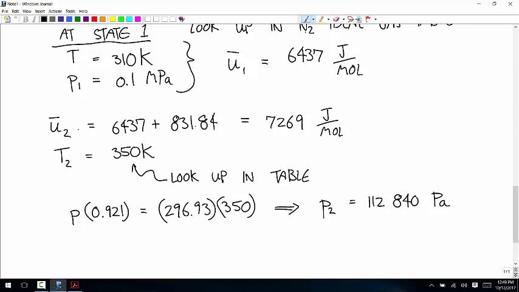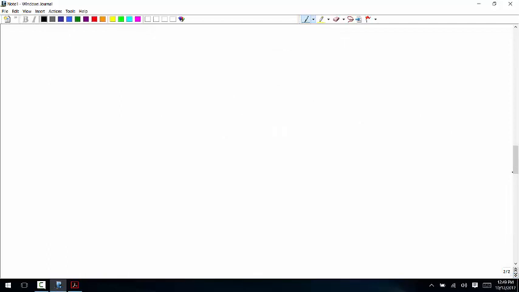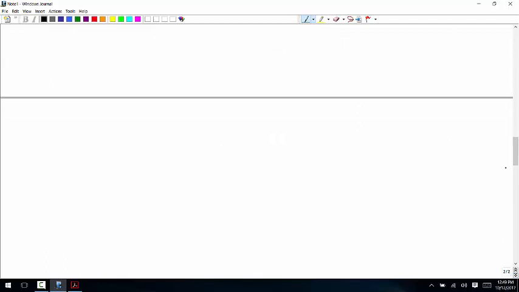Any questions? Okay. So now we did the example of the water flowing into the barrel and flowing out of the barrel. So back to conservation of energy.